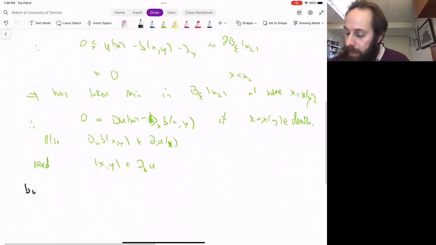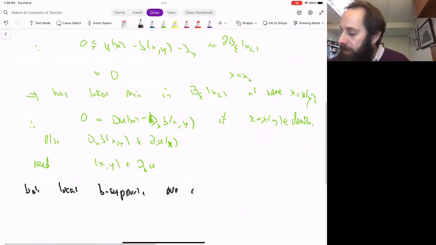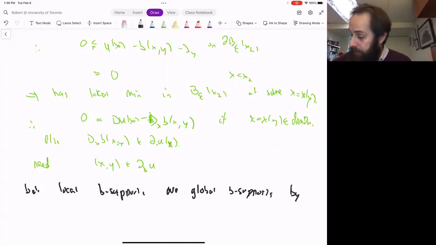Local B supports are global B supports, by A3. That was a corollary.